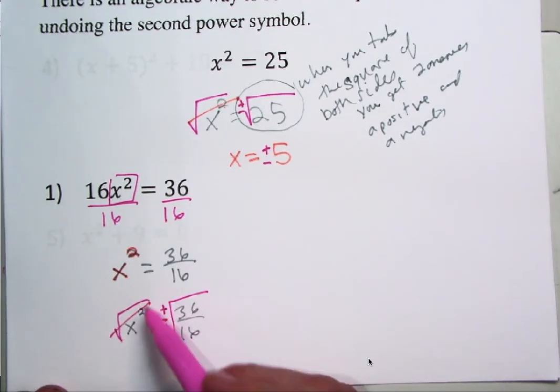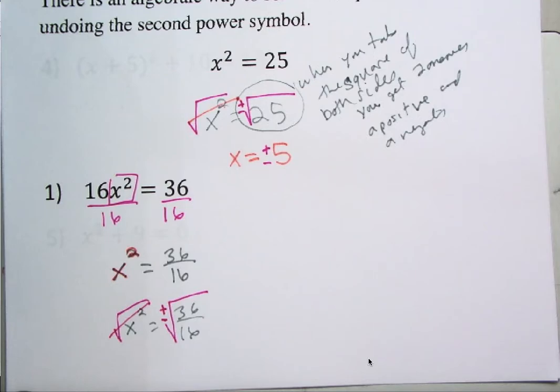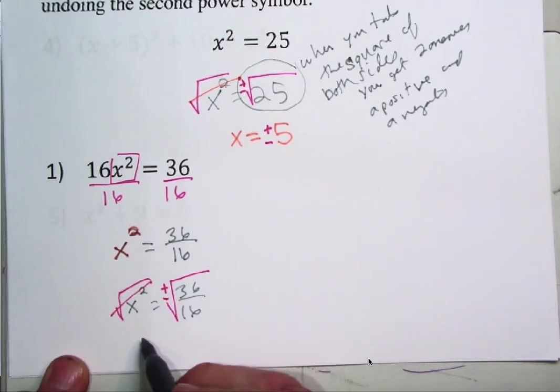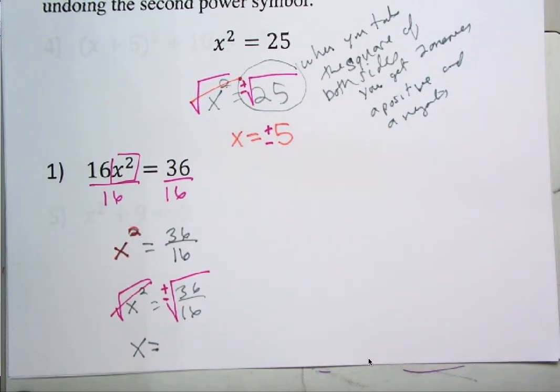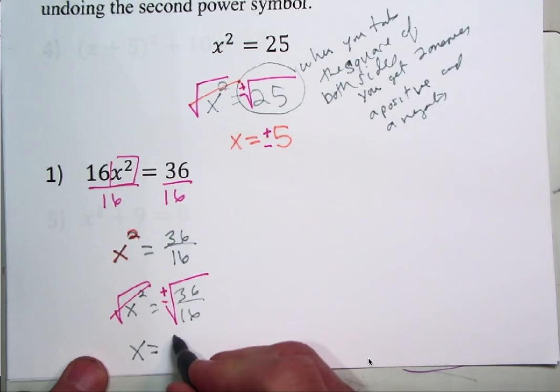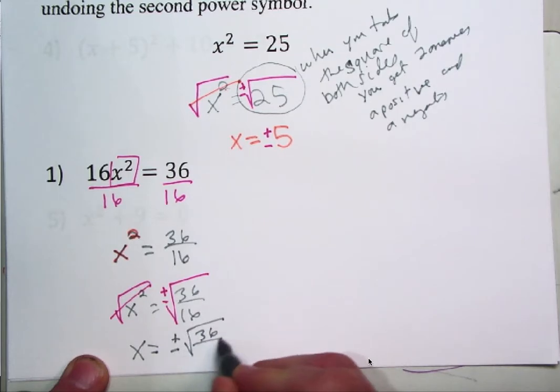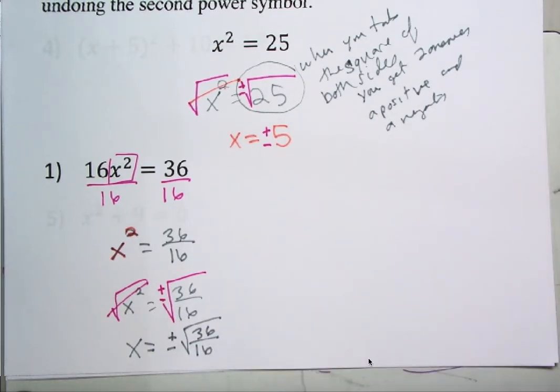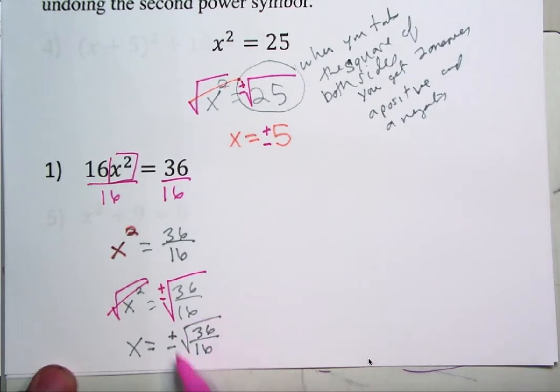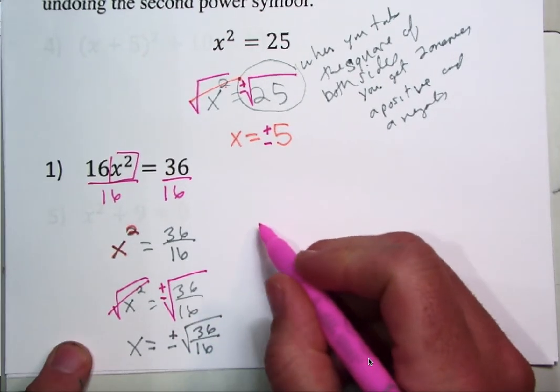The square root of x squared, they cancel each other out, so you're left with x. Then you have positive or negative square root of 36 over 16. And that's it. I know some people are like, you could do something else. Yes, you could. Actually, this isn't simplified, so I'm going to take it over here.